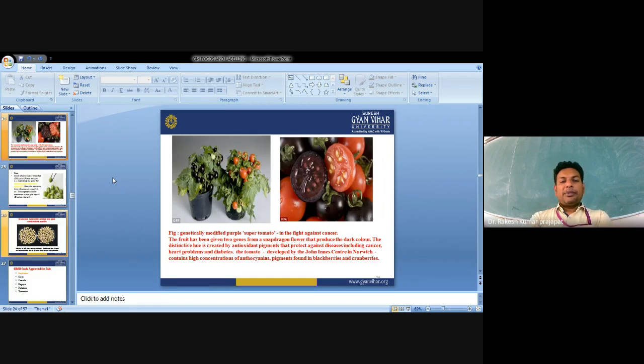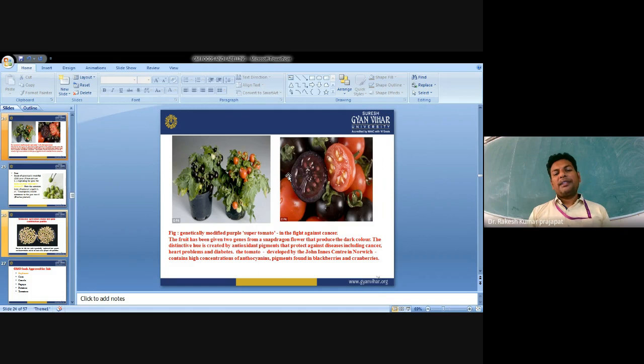Then you can see in the figure the genetically modified super tomato that fights against cancer. The purple color tomato you can see here. They have two genes from the snapdragon flower that produce the dark color.